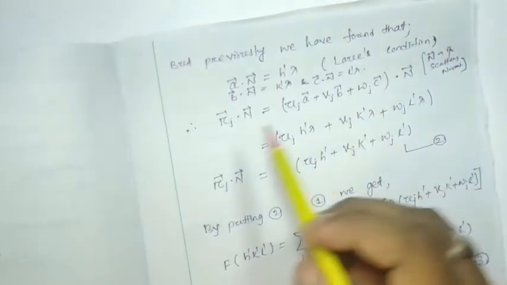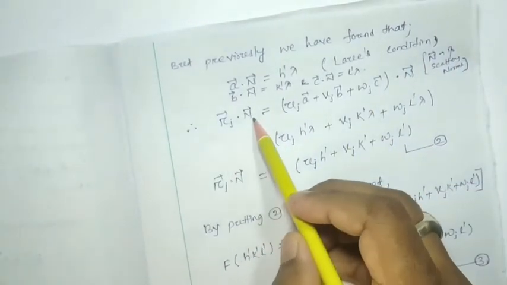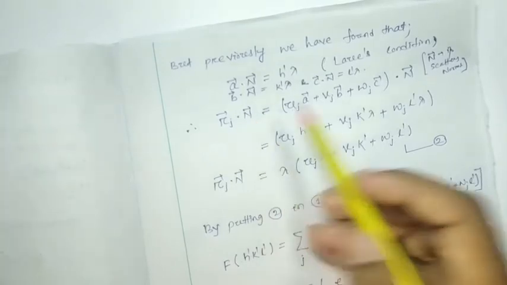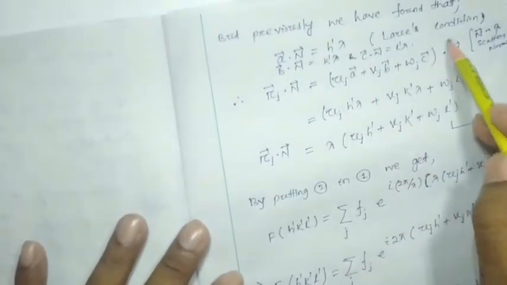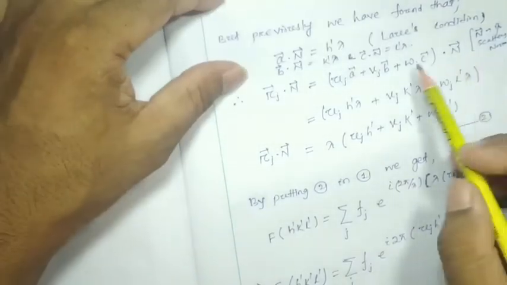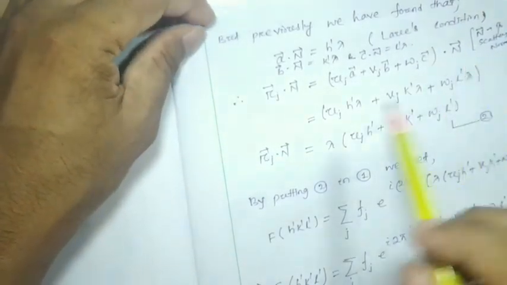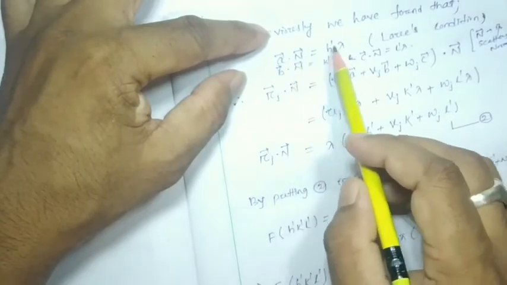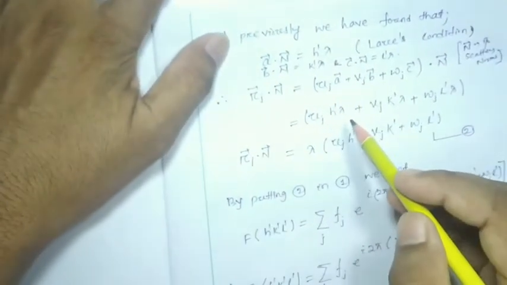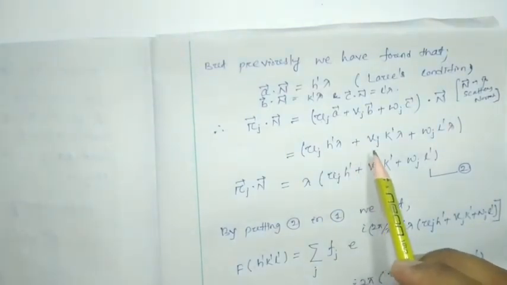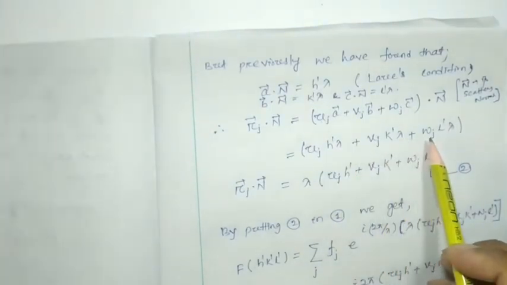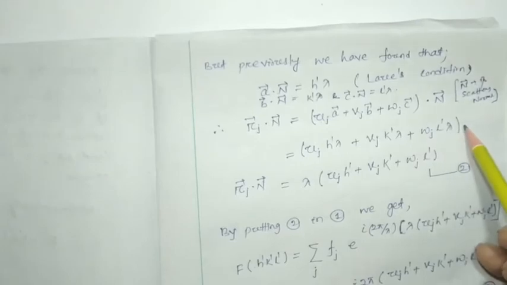So now if we do r dot n, what do we get? Taking the r vector, uj a plus vj b plus wj c, dot n, and using the dot products, it will be uj h dash lambda plus vj k dash lambda plus wj l dash lambda.